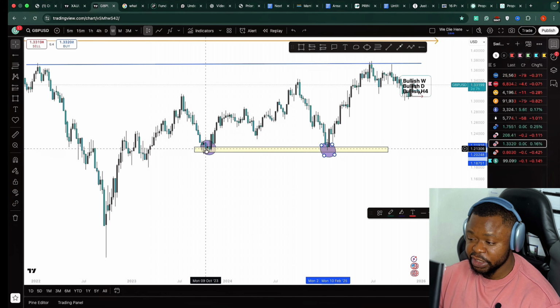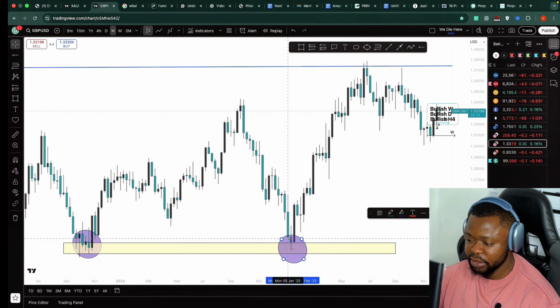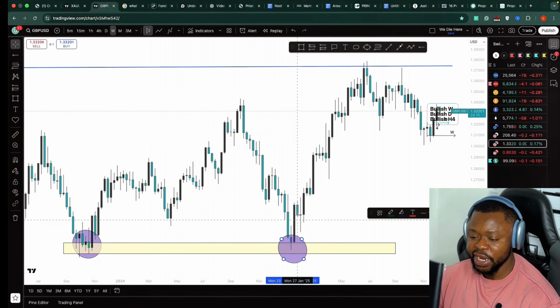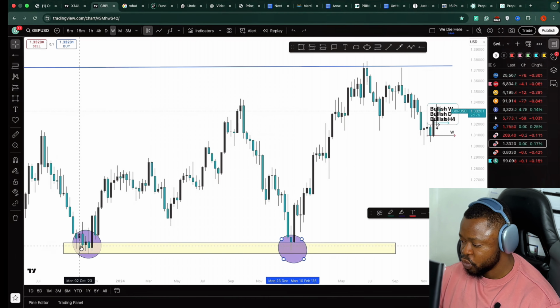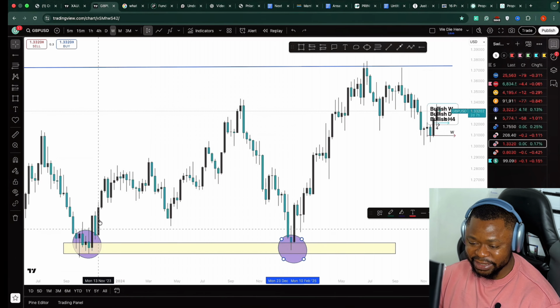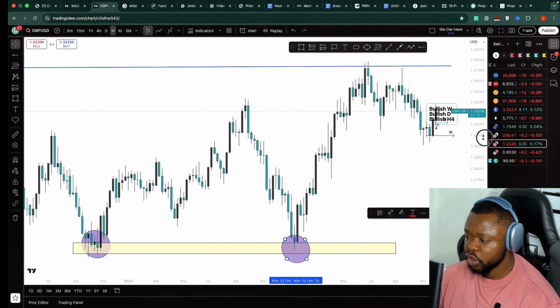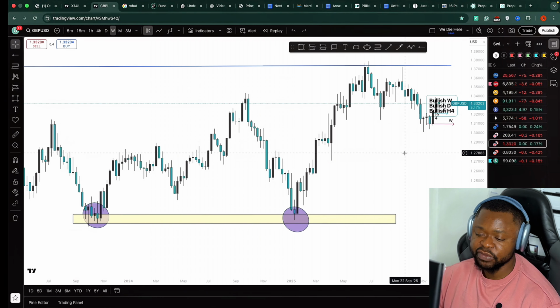Some people that have participated here are interested in buying price from this particular price point. We have this price point at 21,440 within this zone, within this area, because it's not a price point, it's a zone. That's why when you mark up your zone correctly, you're able to see what the market is doing.